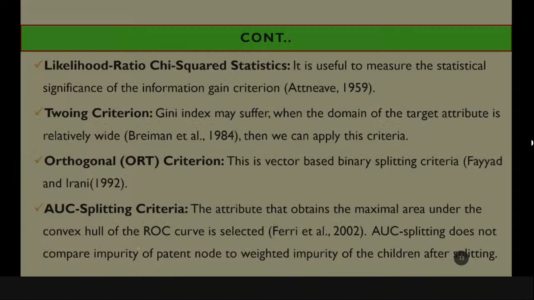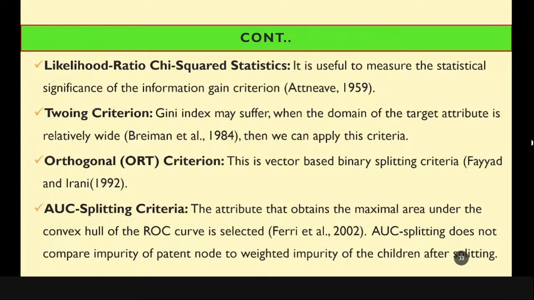And there are other splitting criteria like likelihood ratio and chi-squared statistics. It is useful to measure the statistical significance of the information gain criteria. You can explore this literature. Here, Twoing criterion, orthogonal criterion, and AUC splitting criteria. This is one of the recent ones, so you can explore this AUC splitting criteria.